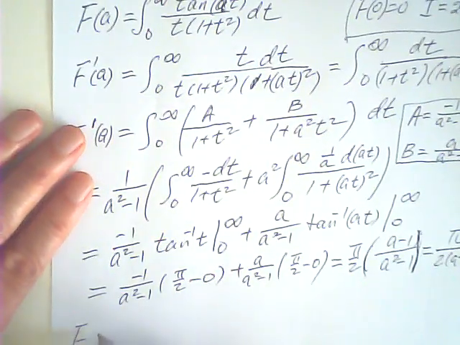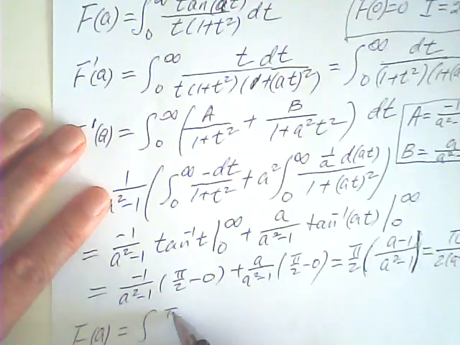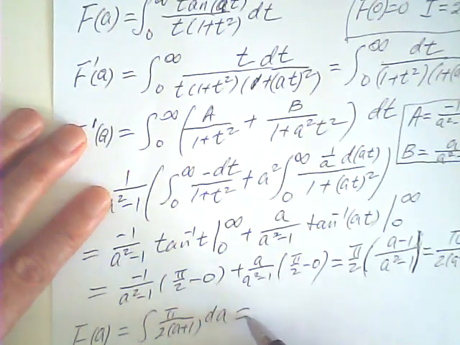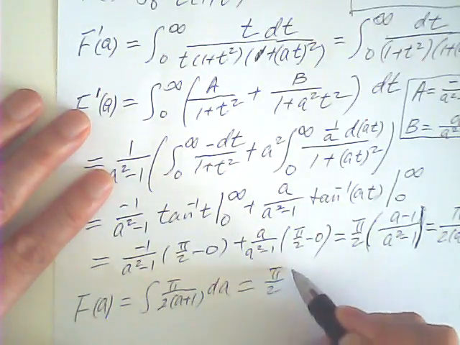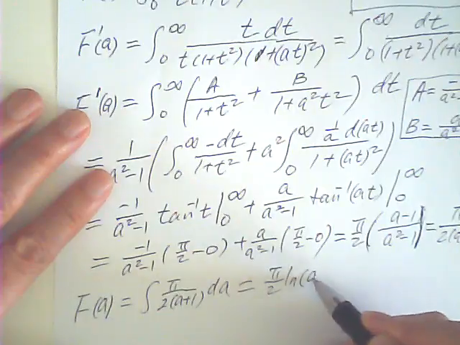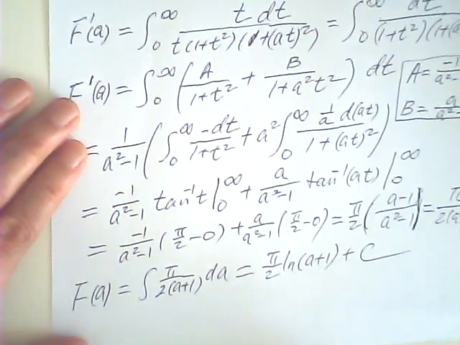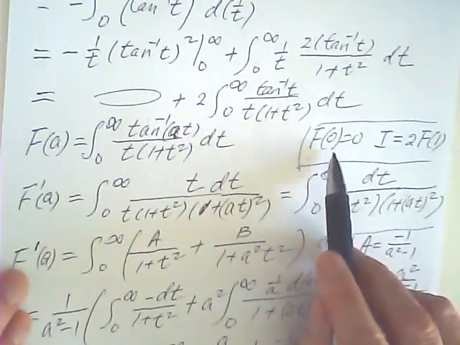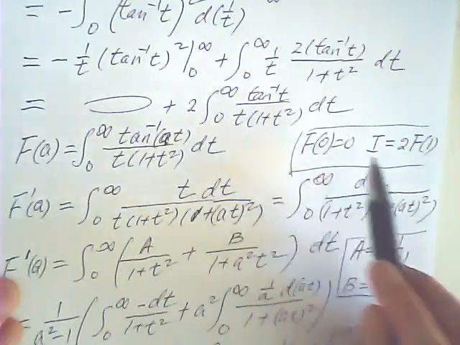So f of a is the integral of that, right? Integral of pi over 2 times a plus 1, da. So that one is equal to pi over 2 natural log of a plus 1. Now we use f of 0 is 0.